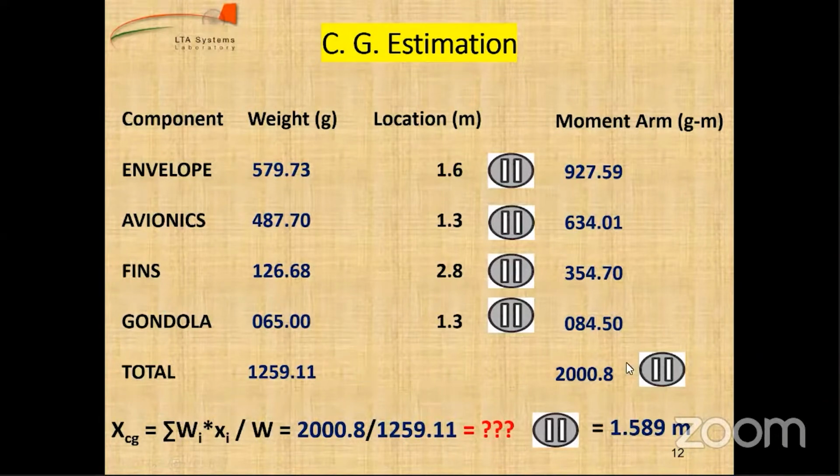Sir, the battery is the most heavy part in the avionics. So in normal RC aircraft, we tweak the battery for the right center of gravity. But one point to note here is that our gondola is pretty small, right?